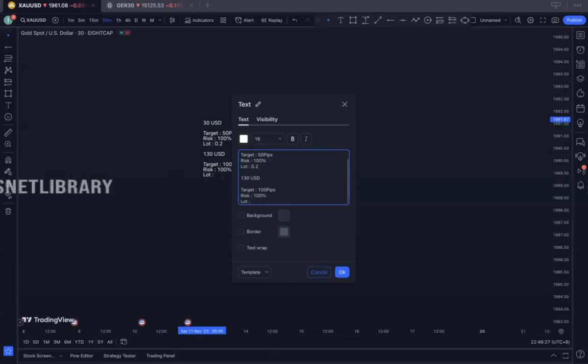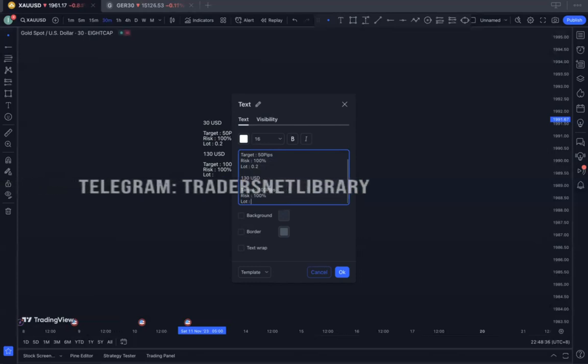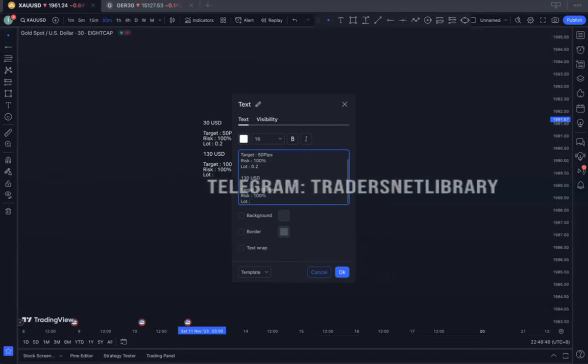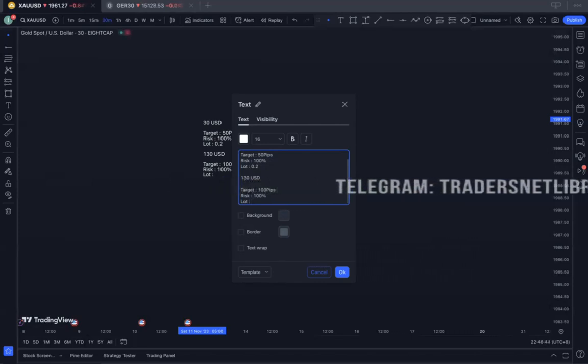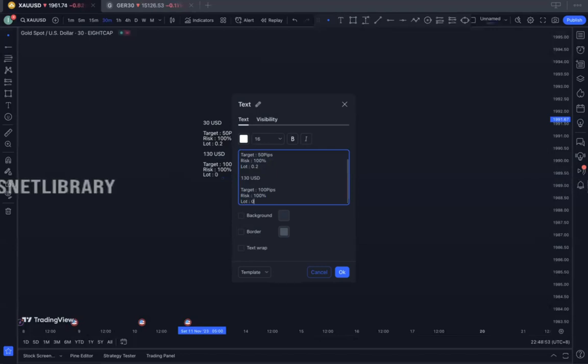When I put 0.001, it's showing me 8 lots. Wait, look at your stop loss again. 150 or 15? Oh, okay, 0.8. Yeah, 0.87 or 0.86, something like that, right? Yeah, 0.87.